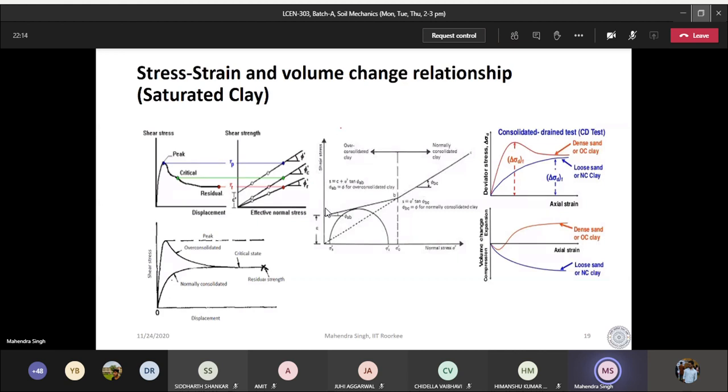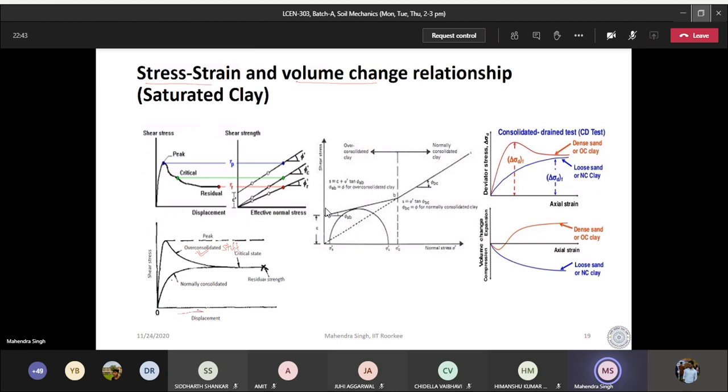These diagrams show you some behavior of stress, strain and volume change in the case of fully saturated clay soils. If you are doing a test on over consolidated soil, you can say it's hard soil, it will be stiff soil, pre-consolidated.